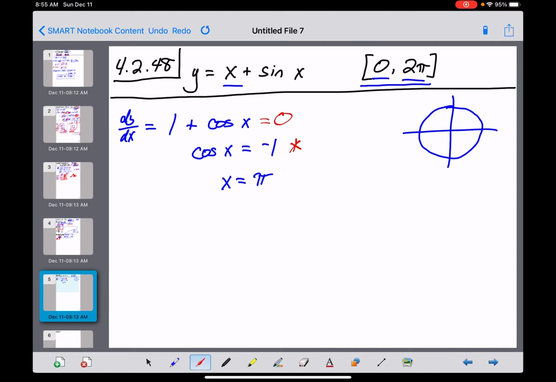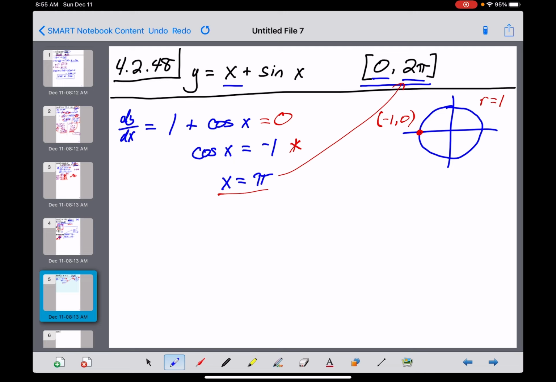Well, if this is a unit circle with a radius equal to 1, there is only one spot on this circle where your x coordinate is negative 1, and that is right here at the point negative 1, 0. And of course, that angle is pi. And lucky for us, pi is inside that domain from 0 to 2 pi. So that's the one and only critical point that we have to worry about.